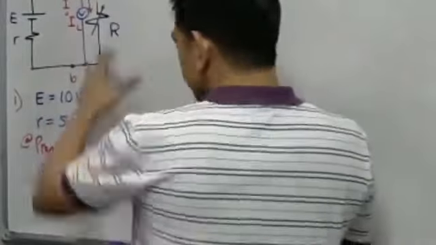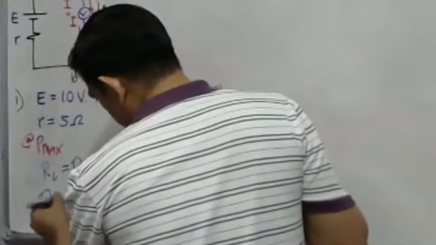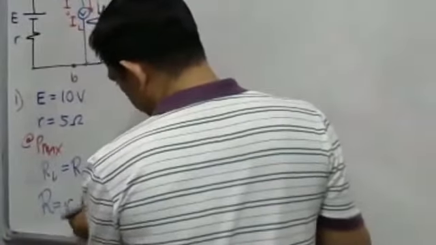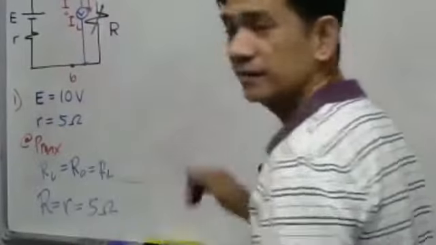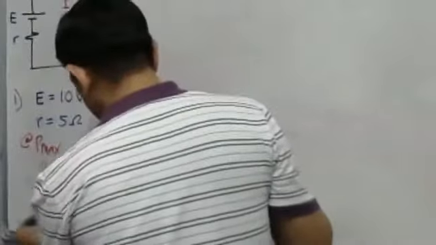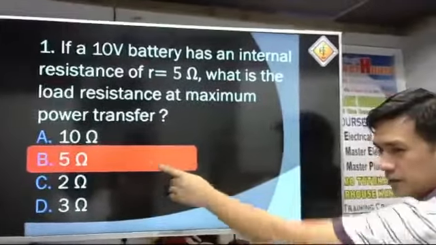In our equation for the battery, our load resistance R is simply equal to the small r. So therefore, that is simply equal to 5 ohms. No need for a calculator here. So the answer would be letter B.